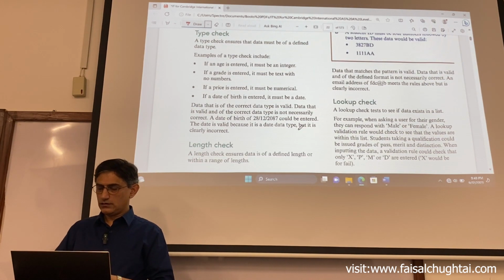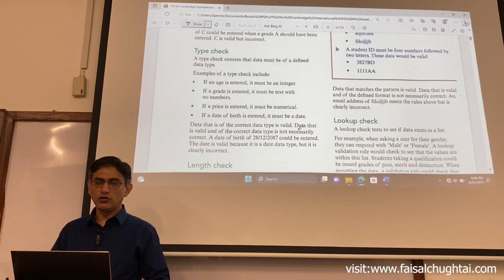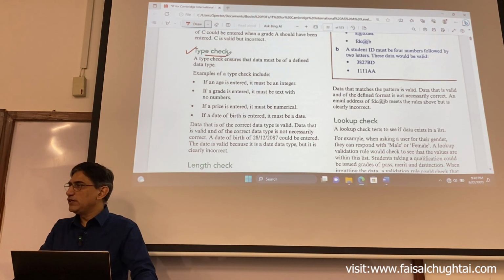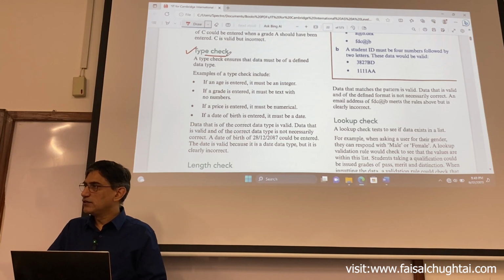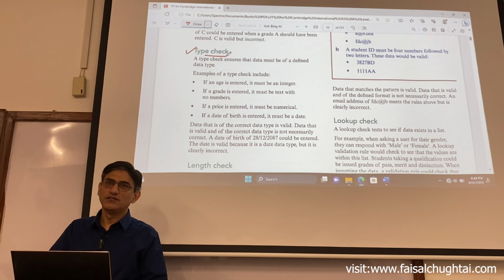Okay. The next check is the simplest of them all, and this is the type check. A type check simply checks that the data that is being typed is of the correct type. What do I mean by is of the correct type?